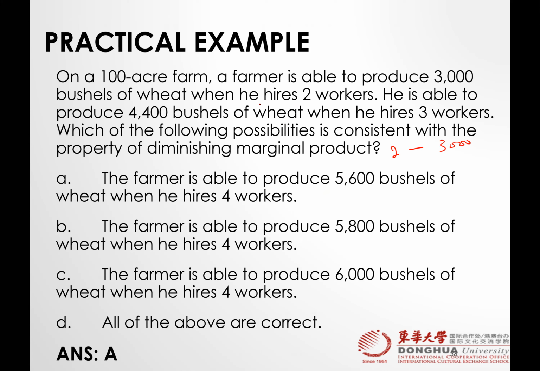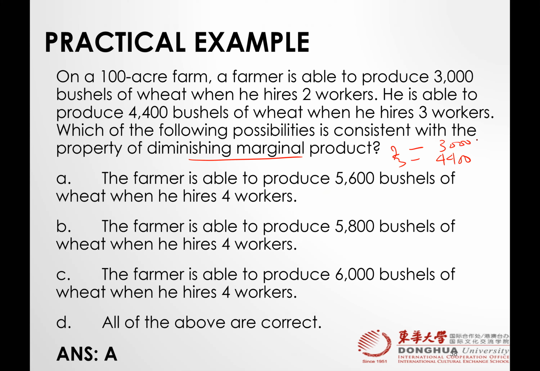On a 100-acre farm, the farmer is able to produce 3,000. He's able to produce 4,400 when there are 3 workers. So which one is the possibility? Which of the following possibilities is consistent with the property of diminishing marginal product?